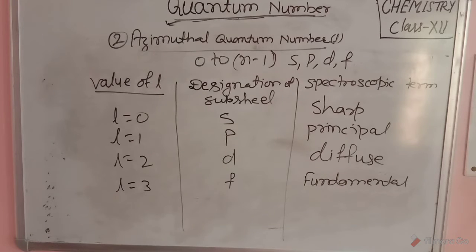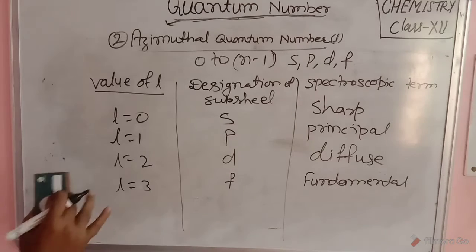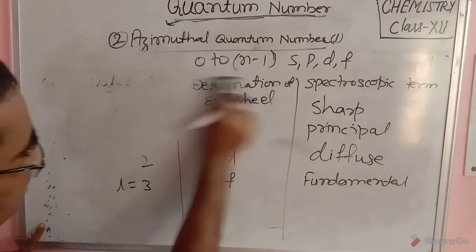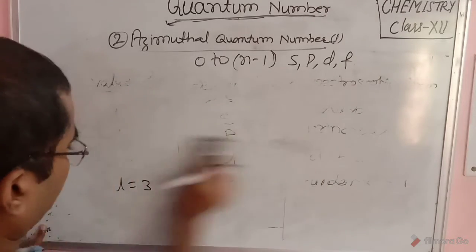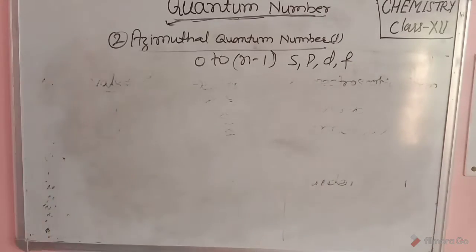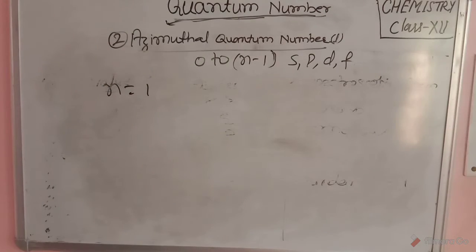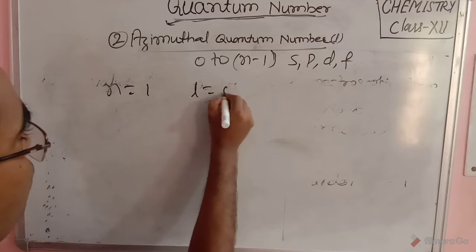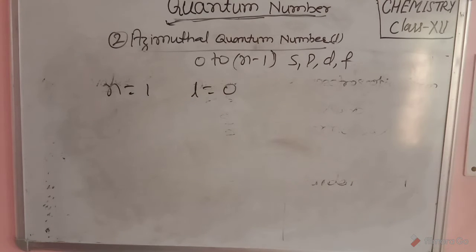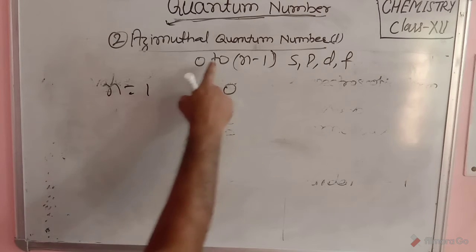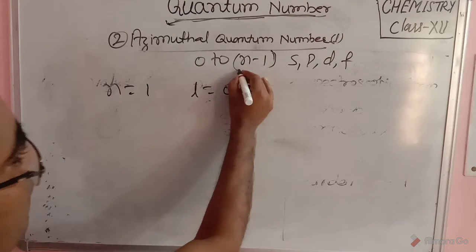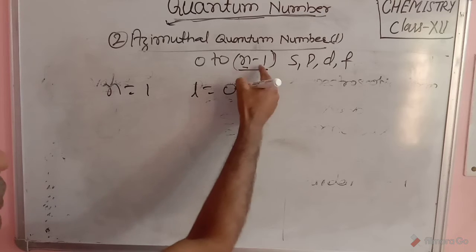So when N is equal to 1, now you can observe, L is equal to 0, because this value lies from 0 to n minus 1. Here you are putting the value of n equal to 1, it will be 0.